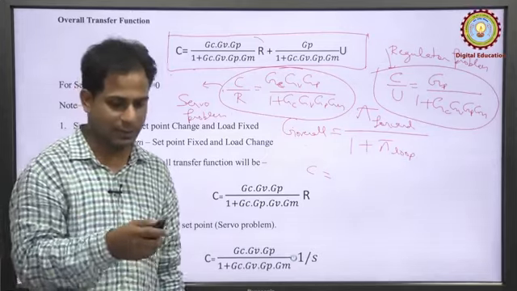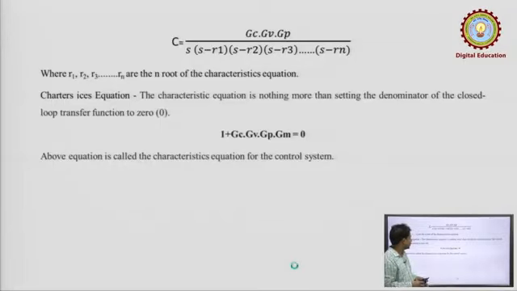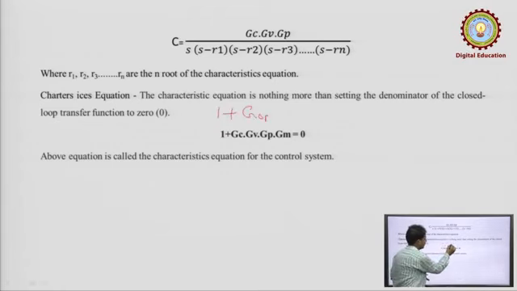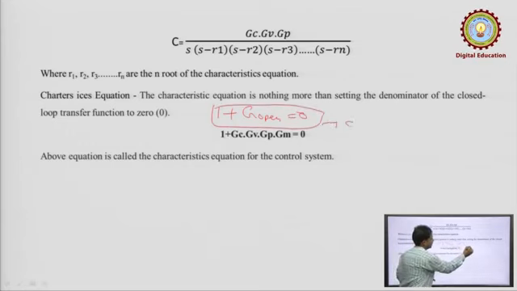How? We will see in the next slide. So, the characteristic equation is nothing but 1 plus the PI loop, or you can also say 1 plus G open, both are the same thing. 1 plus G open, or 1 plus the PI loop, is equal to 0. That is the characteristic equation.